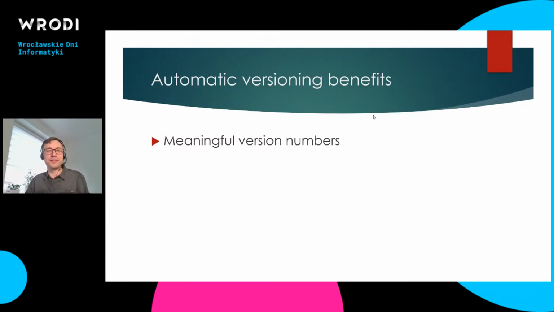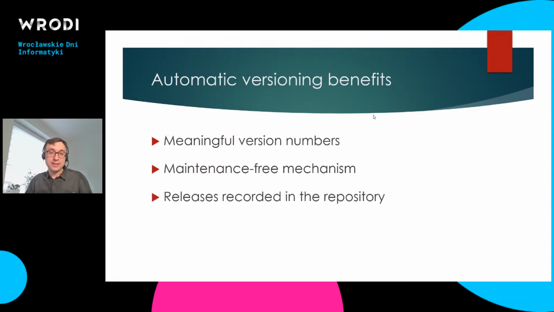So we get meaningful version numbers because those were calculated for us by some kind of tool, like GitVersion that I will discuss later. This approach is maintenance free. So from the developer perspective, I just need to do my job. I just need to write the code. Plus, releases are recorded in the repository. What does it mean?